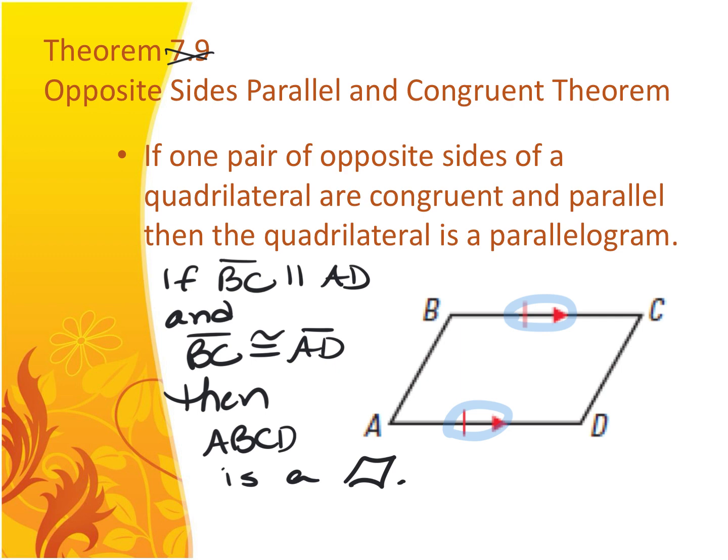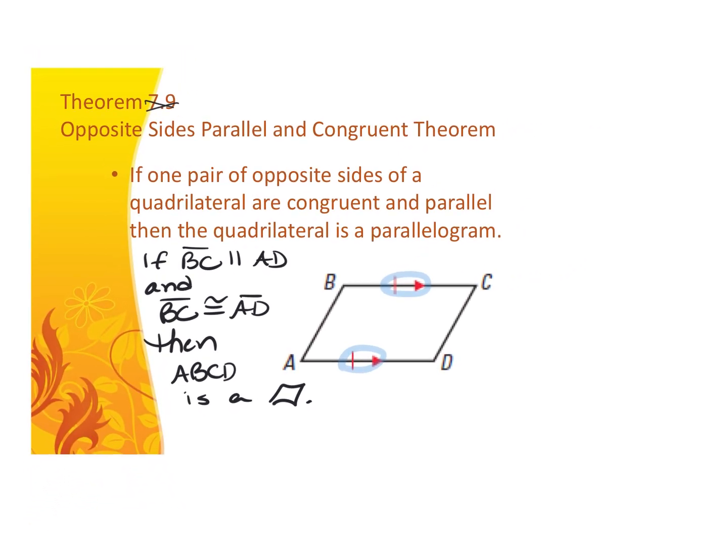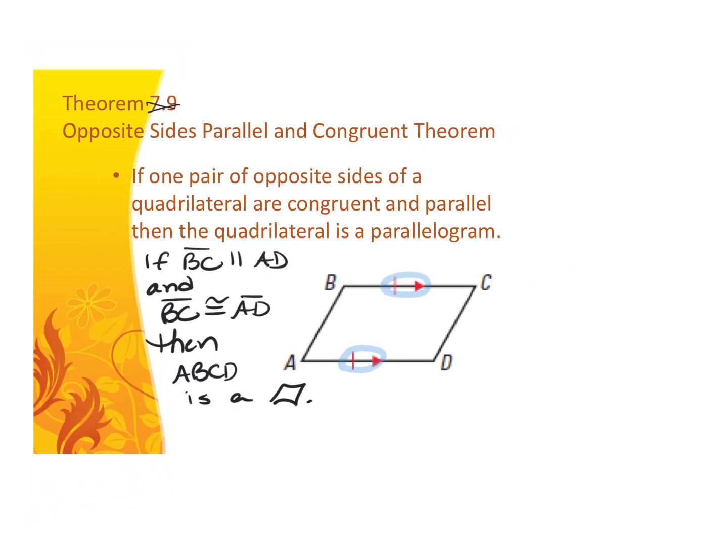Let me show you an example where it would not be enough information. So for example, let's say you were given a picture like this. And again, we could name it A, B, C, D. And let's say instead, the congruency marks are on AB and CD, but the parallel was on BC and AD.